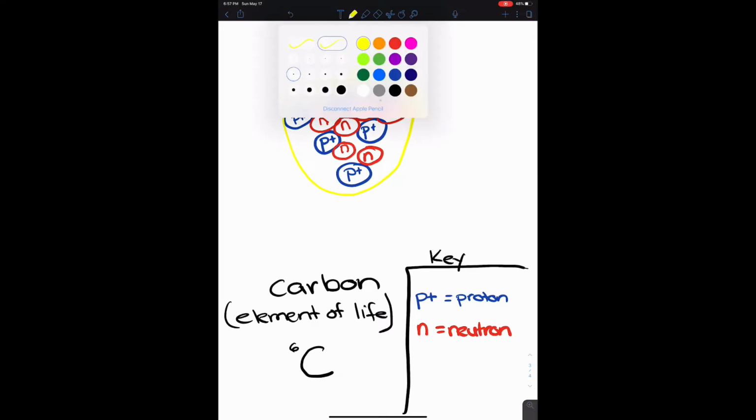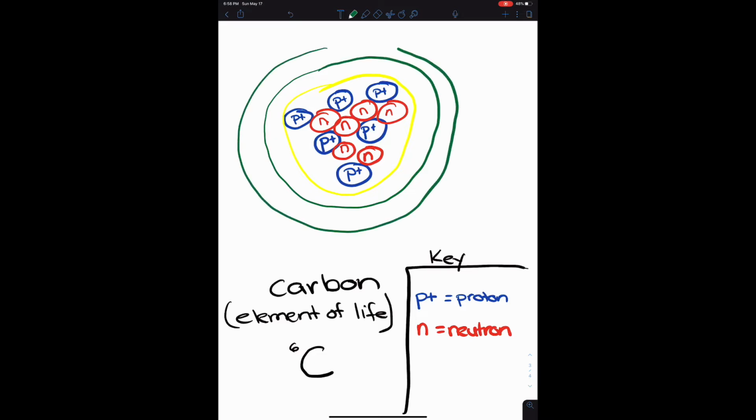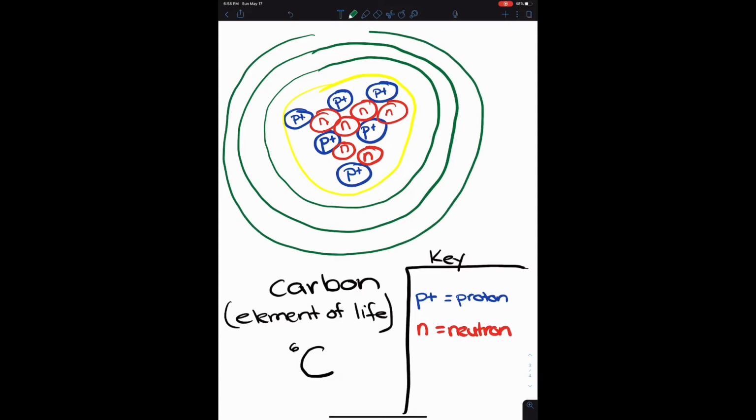And I'm going to make my electrons. And I am not 100% certain about this, but I think there's 3 orbits with carbon. So I'm going to do 3 orbits. And I'm going to put 1 electron on this first orbit. There's 1.